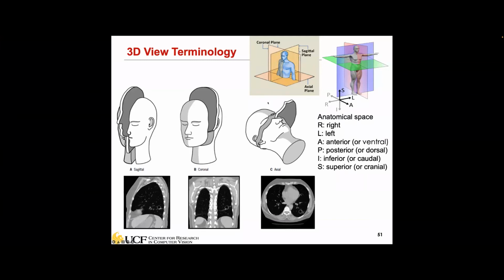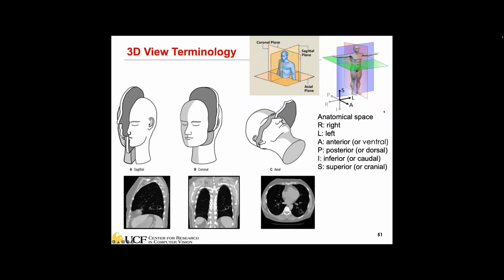These are the three different views or planes, and they show the images under different views. Under each view, you have different slices, because the CT scan is a 3D volume, so you have different slices of your body.